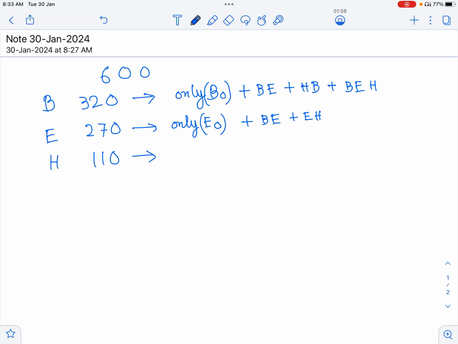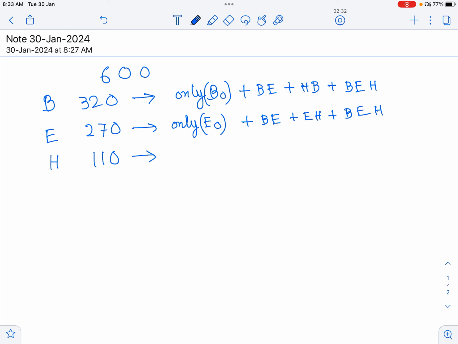So those students are also included in this counting figure, that is 270, and this category of students also includes those who learn all three languages, Bengali, English and Hindi, because these students also learn English. So BEH is also included in 270, isn't it?